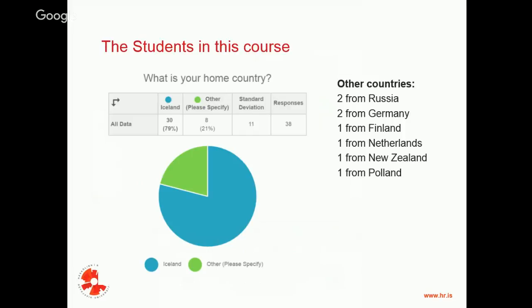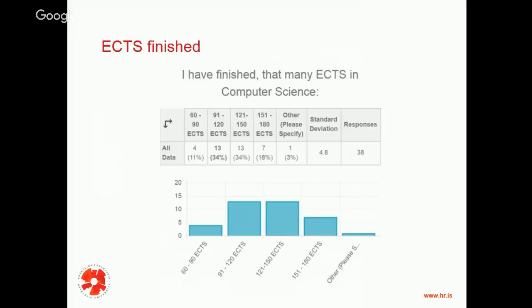I also asked about how much you've studied until now, where you're situated in the studies, and it is mostly half and half. So almost half of the students are on the 2nd year, and then half on the 3rd year.